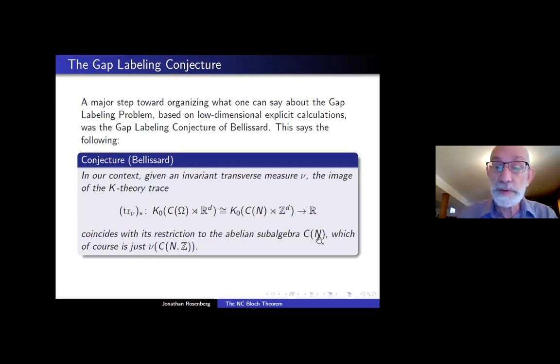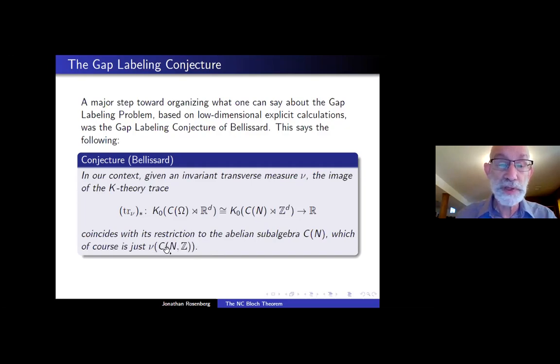So K0 of n is just the same thing as H0 with integer coefficients, which is just the continuous functions from n into the integers, the locally constant integer valued functions. And then you apply nu to those, and this thing, of course, is a subalgebra of the cross product, but in general, the cross product is a lot more complicated.